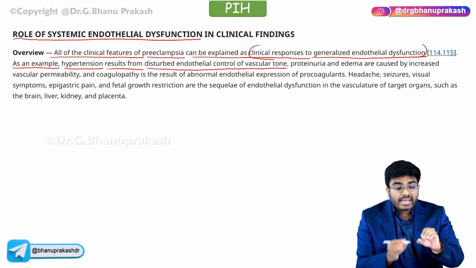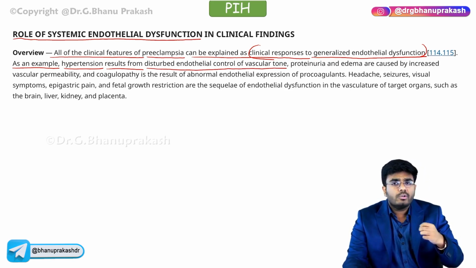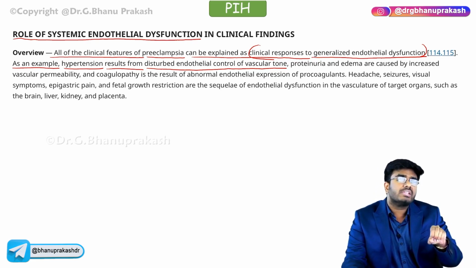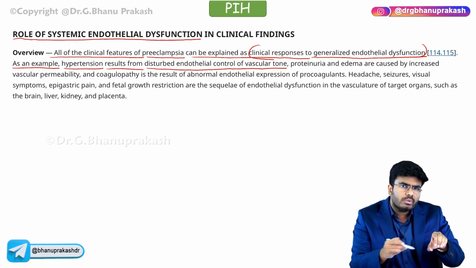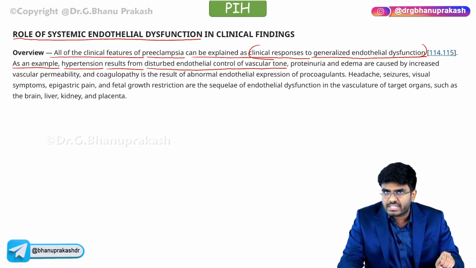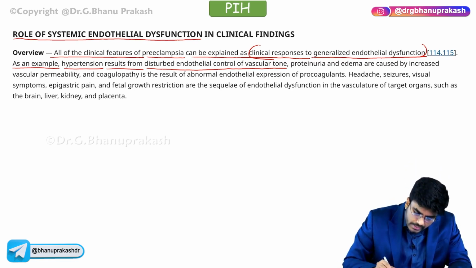We all know that the endothelium maintains the vascular tone. Endothelium produces nitric oxide, and that nitric oxide can cause dilation of the blood vessels. So whenever there is endothelial dysfunction, do you think that nitric oxide is going to be produced? No. So that causes vasospasm, and that causes hypertension. So hypertension is a result of endothelial dysfunction.